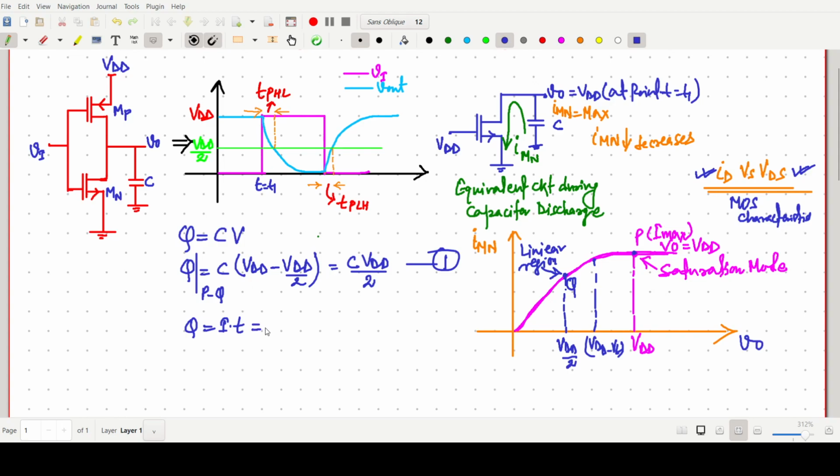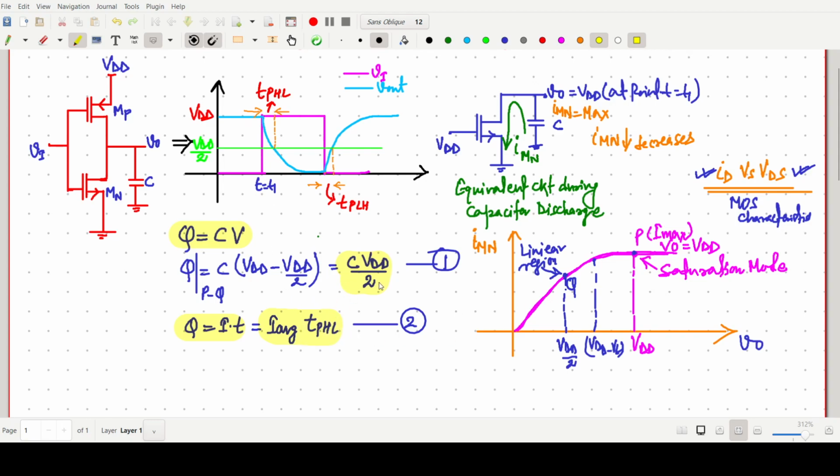So I value is simply I average into tau PHL. This one is very important. So equation number 2. We are using two concepts, Q equals CV and Q equals IT. Its value will be C VDD by 2, and this one is I average tau PHL, high to low.